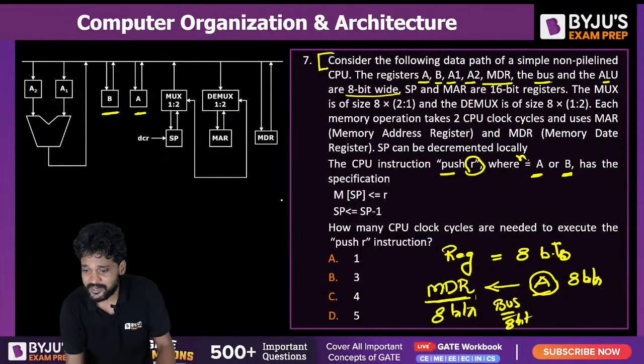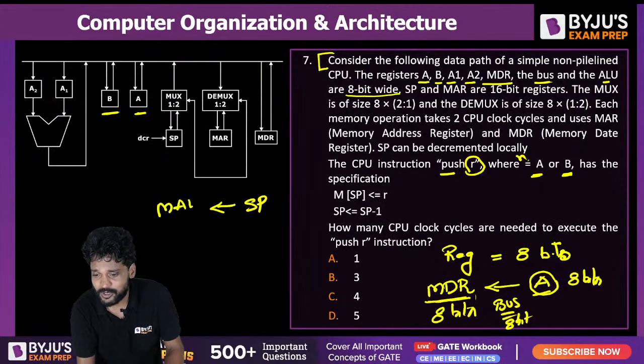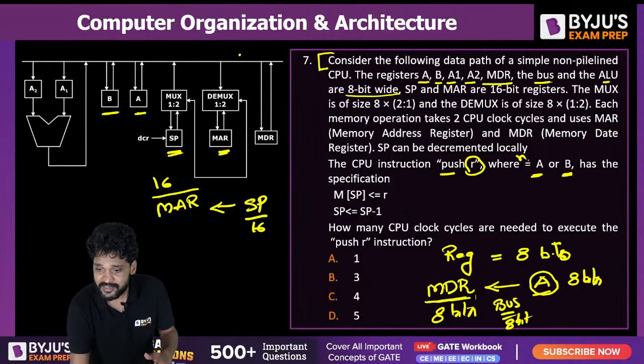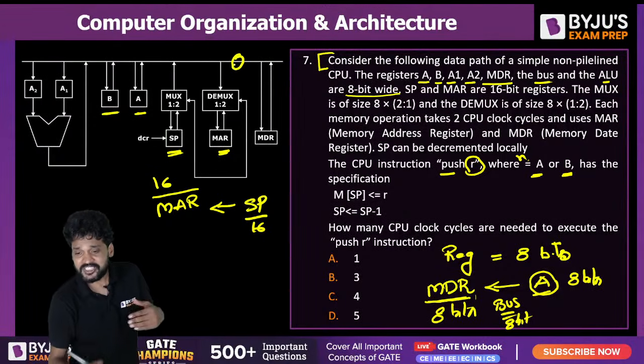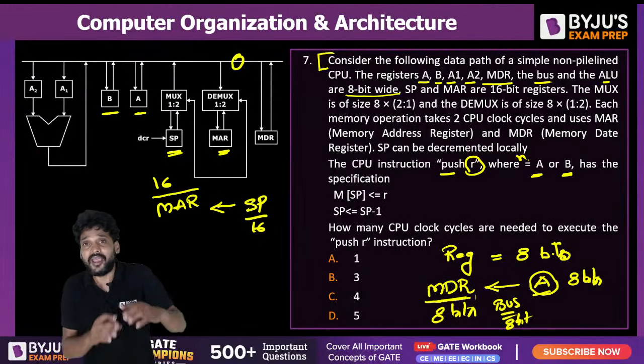But on the other hand, in order to load the address by transferring SP to MAR, we require 2 clock cycles because SP is equal to 16 bits. The memory address register is also equal to 16 bits as given in the question. But the problem is the transportation medium, which is the bus system, is just equal to 8 bits.